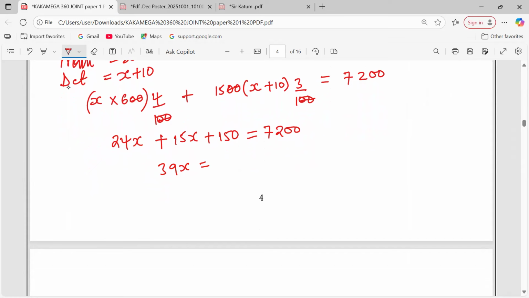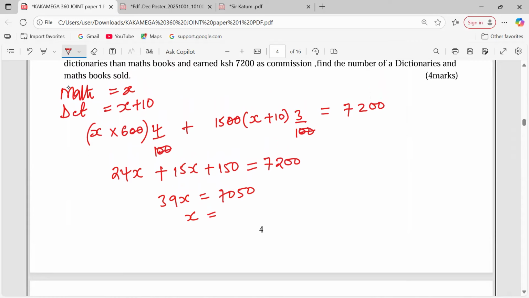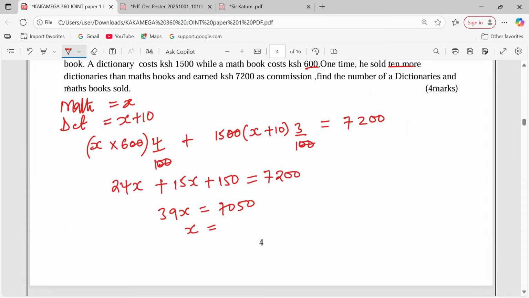So 7200 minus 150, giving us 7050. How shall we get the value of x? We divide through by 39. I'm getting 180. I expected a whole number. Could be we are making some mistake somewhere, and that is what I just get back to check.